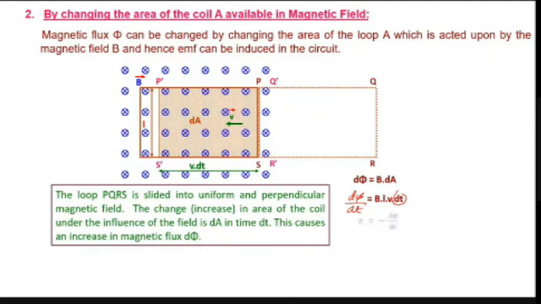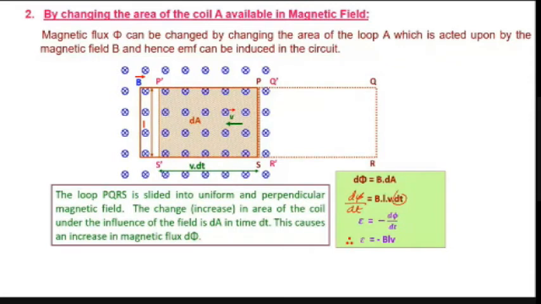But what is our induced EMF? EMF is minus d phi by dt. So E is nothing but minus B into L into V. This is the expression for the EMF induced here. And what is the reason for this induced EMF, Jyotis? Movement of the coil.